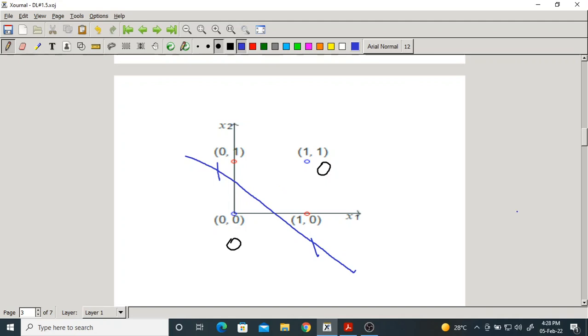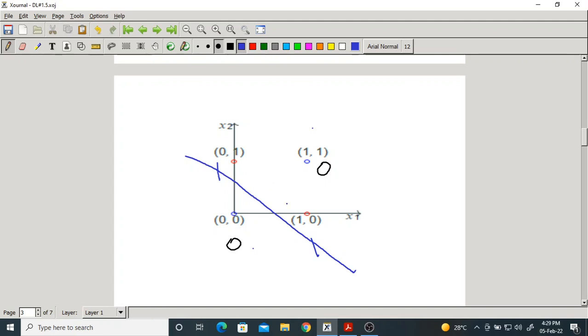Blue points are those which produce output 0 here. Red points are those which produce output 1. So the blue and red points are not correctly separated. Why? Because above the line we have 2 red points and 1 blue point. Below the line, 1 blue point.